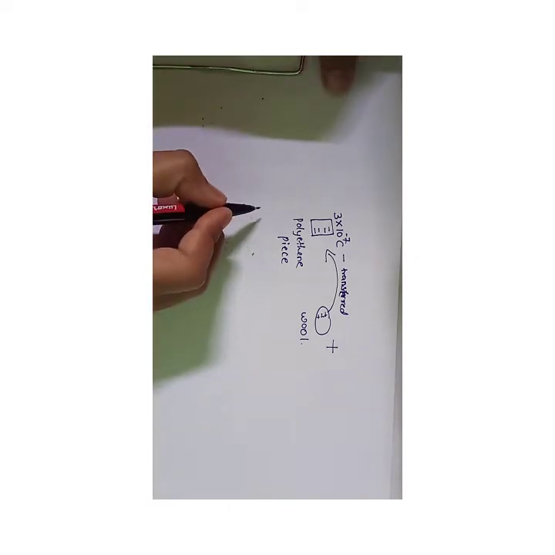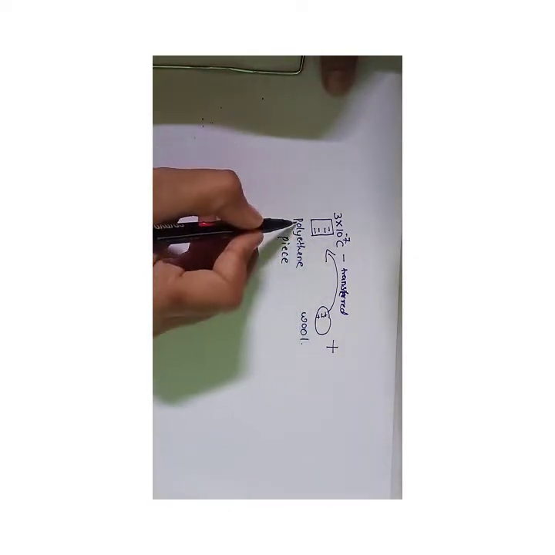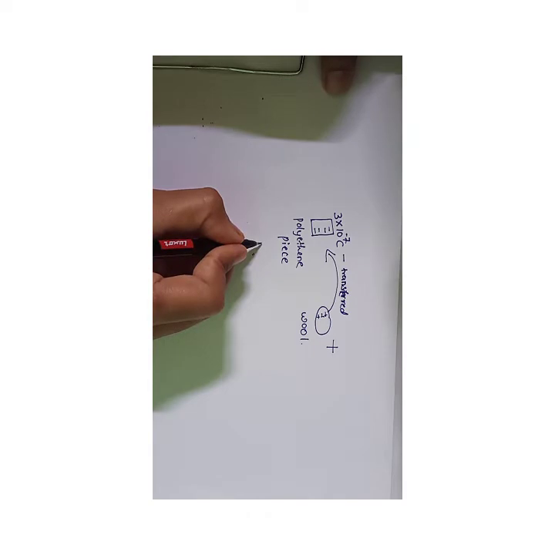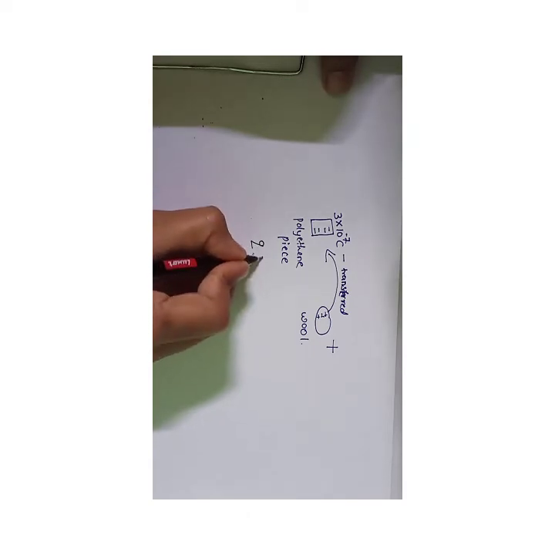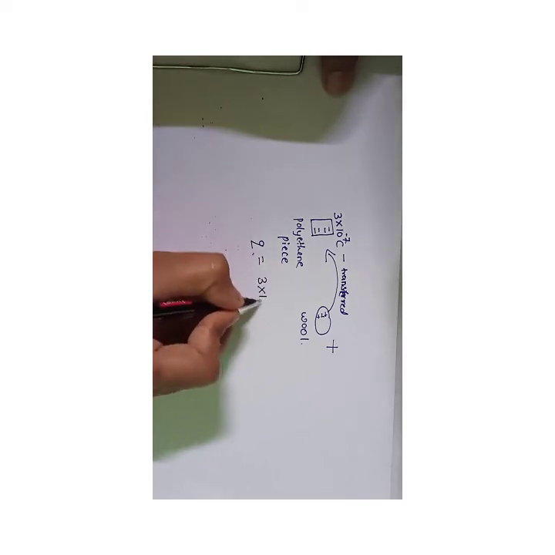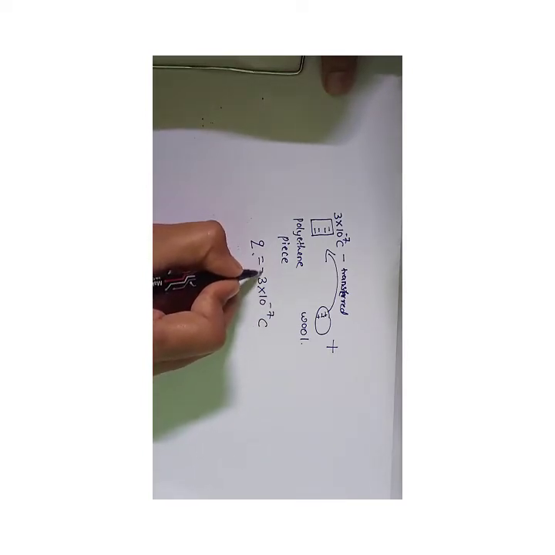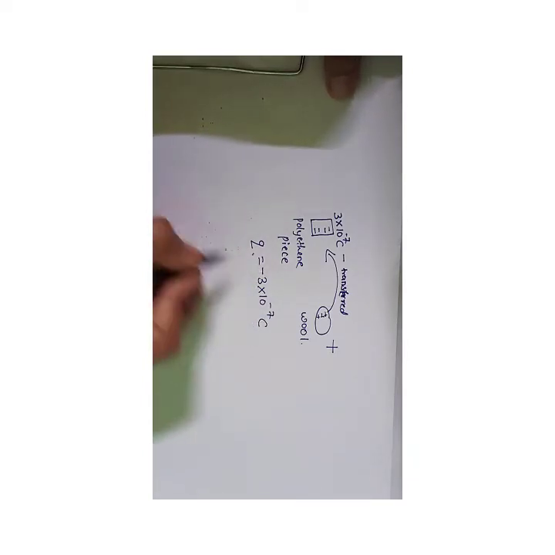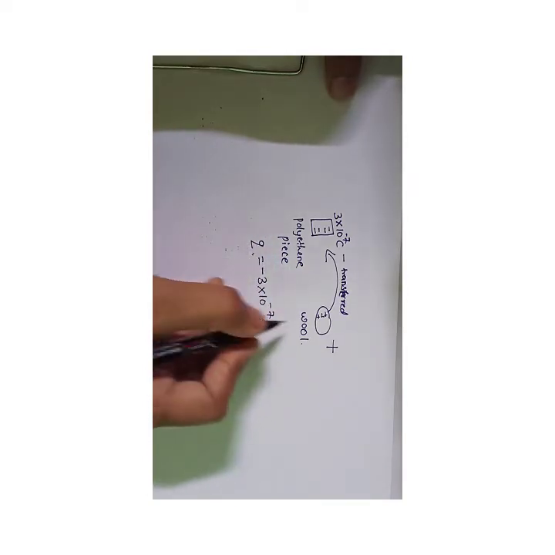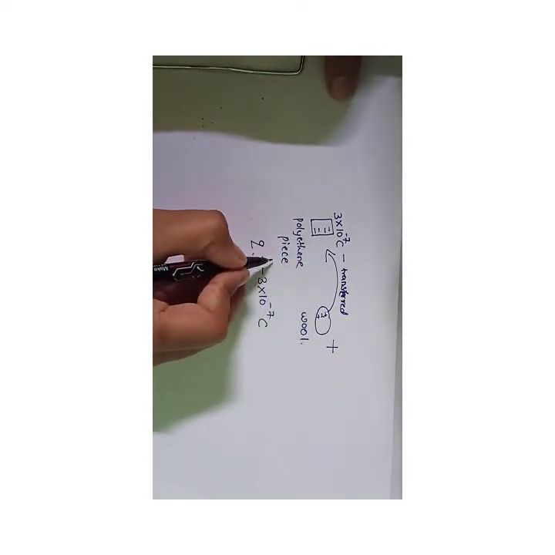So the total charge transferred from wool to polythene piece, let us take it as small q, is 3 into 10 raised to minus 7 coulomb. These are negative charges transferred from wool to the polythene piece.